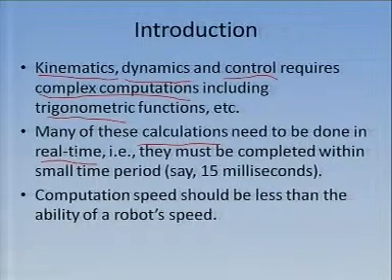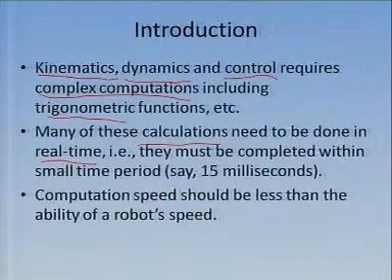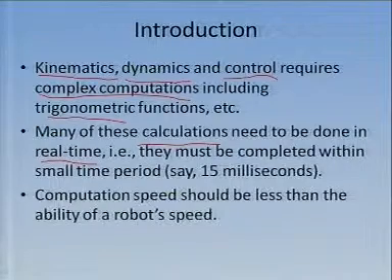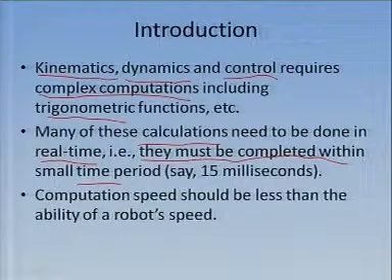In many existing robots, many of these calculations need to be done in real time, that is, they must be completed within a very small time period, say about 15 milliseconds.